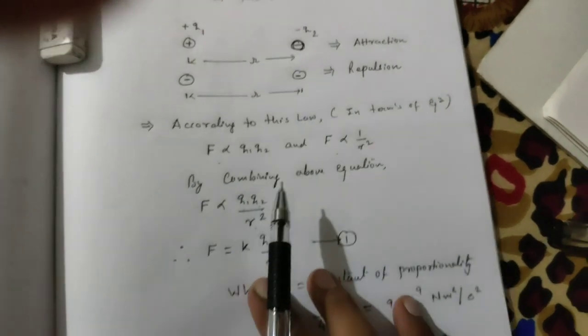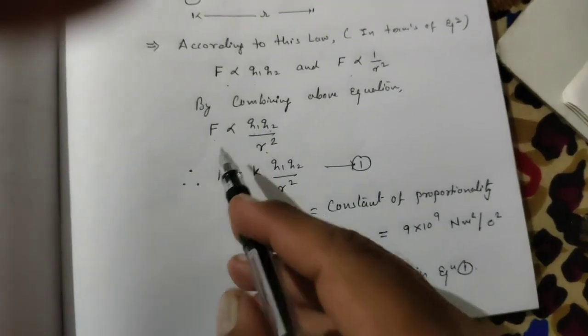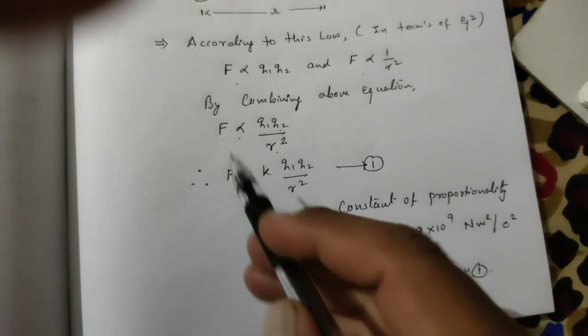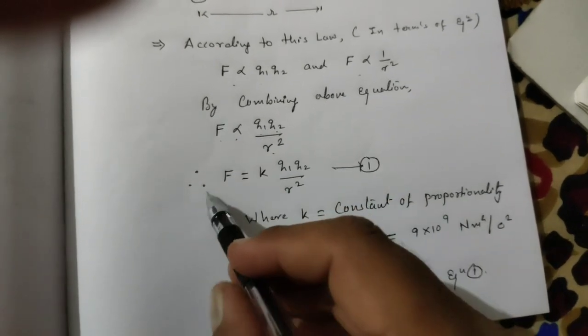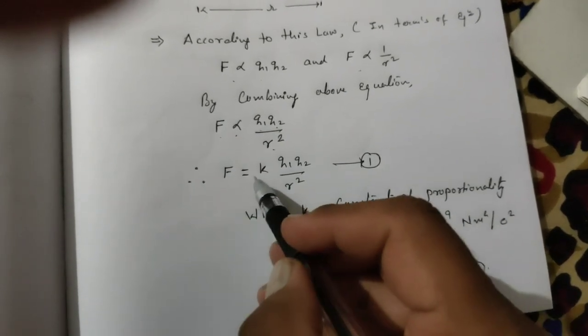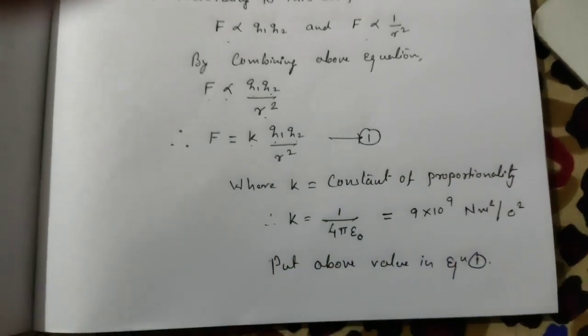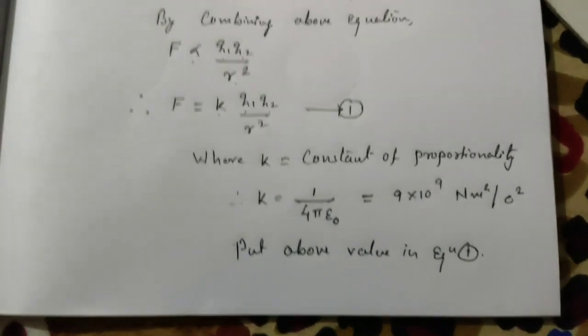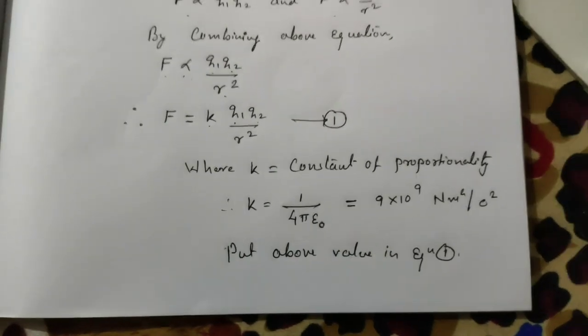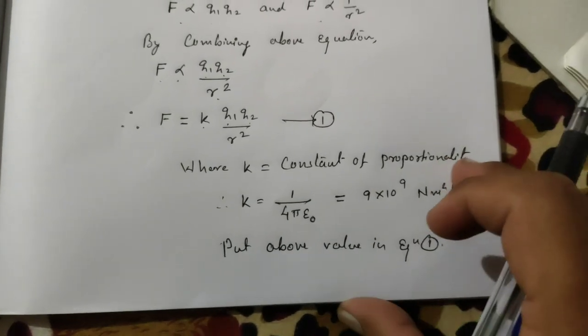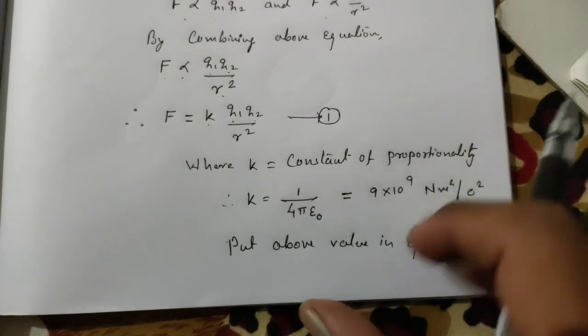Now we can simplify this proportionality sign by putting in one constant k. Therefore we can write F equal to k q1 q2 upon r square, where k stands for the constant of proportionality, or proportionality constant, you can say either.